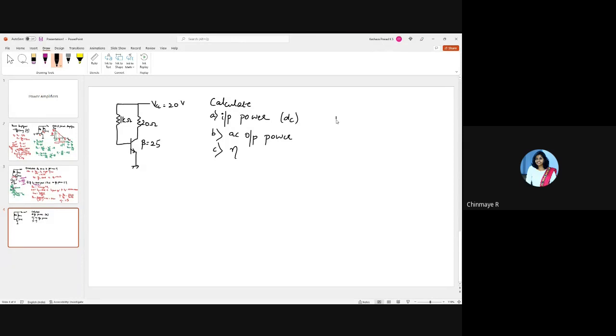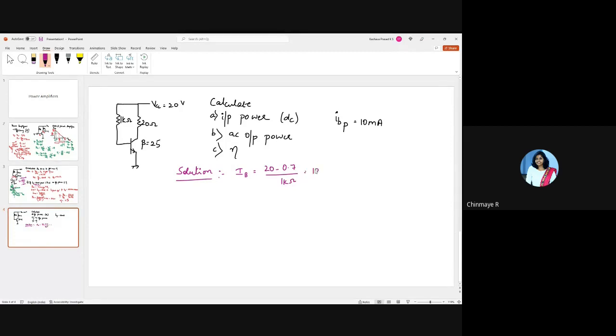You can take IB peak, that is the base current peak, as 10 milliamperes. So what is IC? First, can you calculate IB, the base current DC? Which will be 20 minus 0.7 divided by 1 kilo ohm, right?